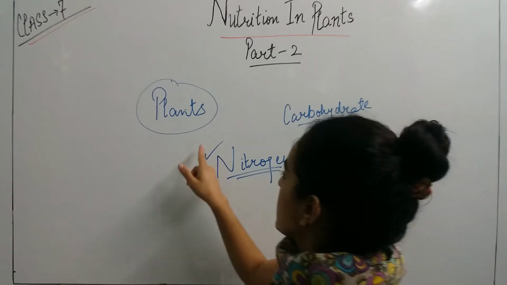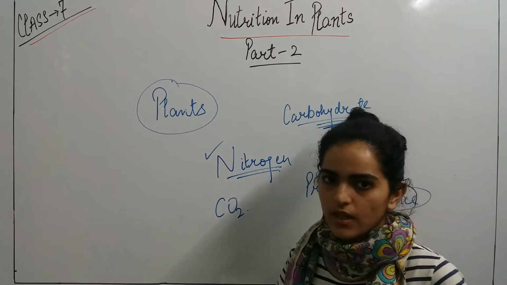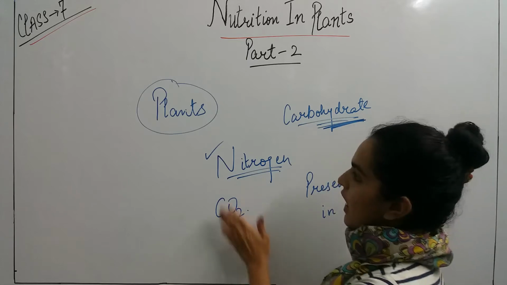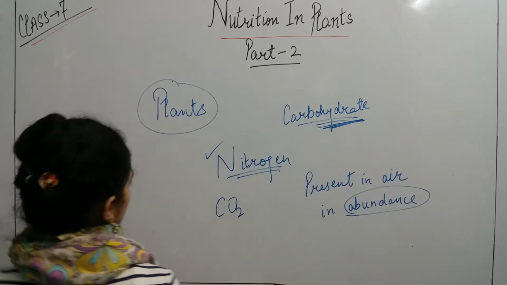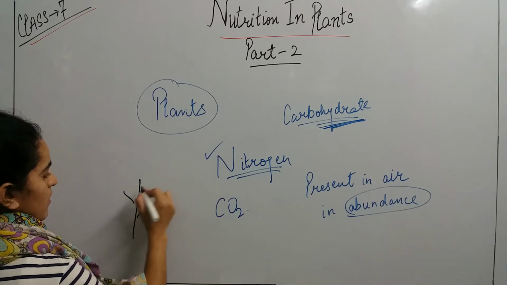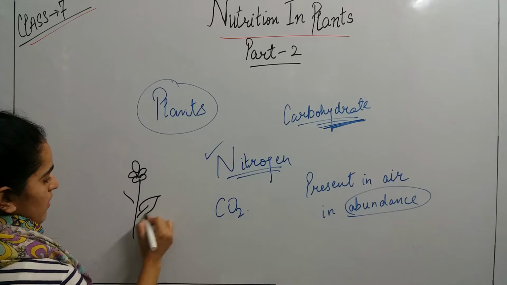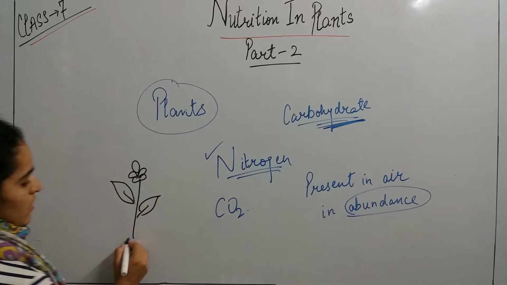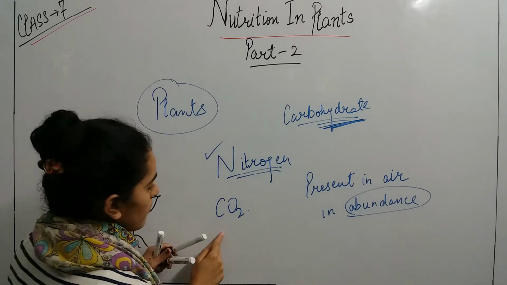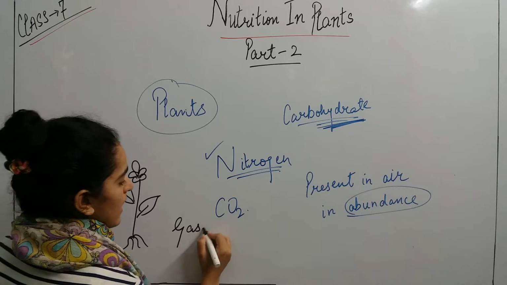Nitrogen जो है, we release out CO2, the carbon dioxide, and the plant can absorb CO2 in the gaseous form, in the form of gas.